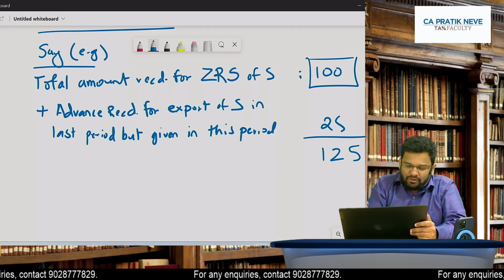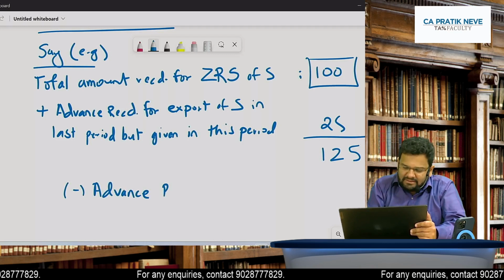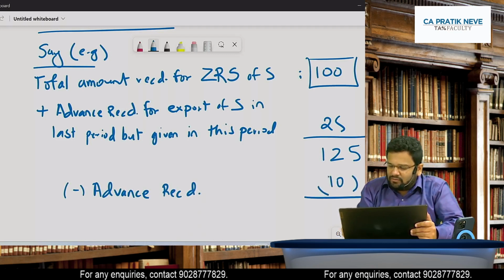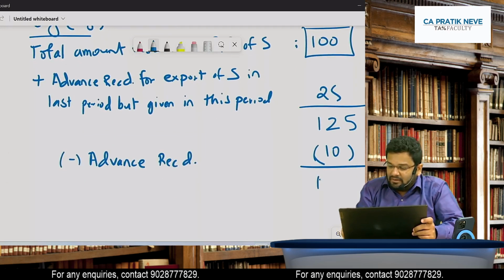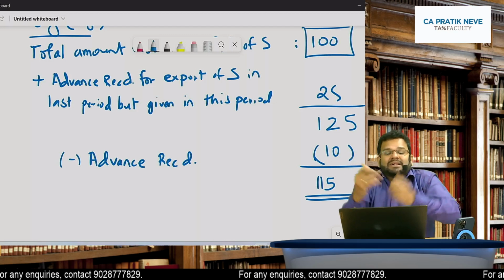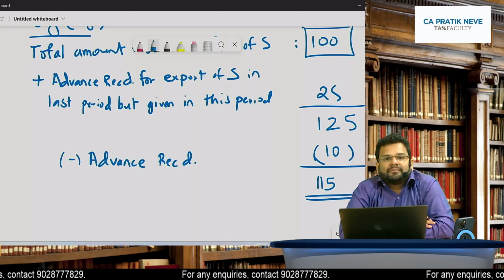Yes, wonderful. So less advance received. Say it is 10. So what is the final aggregate? Means zero rated supply of services, 115. Now understood?